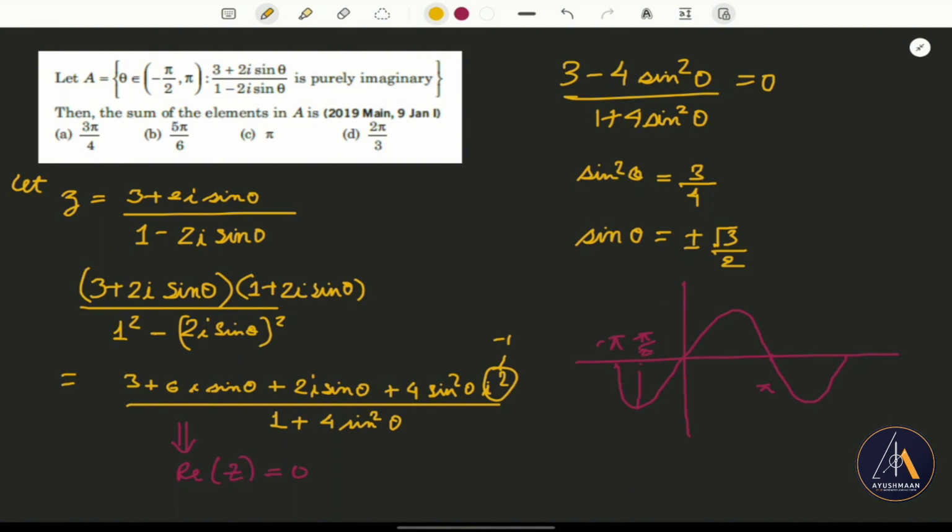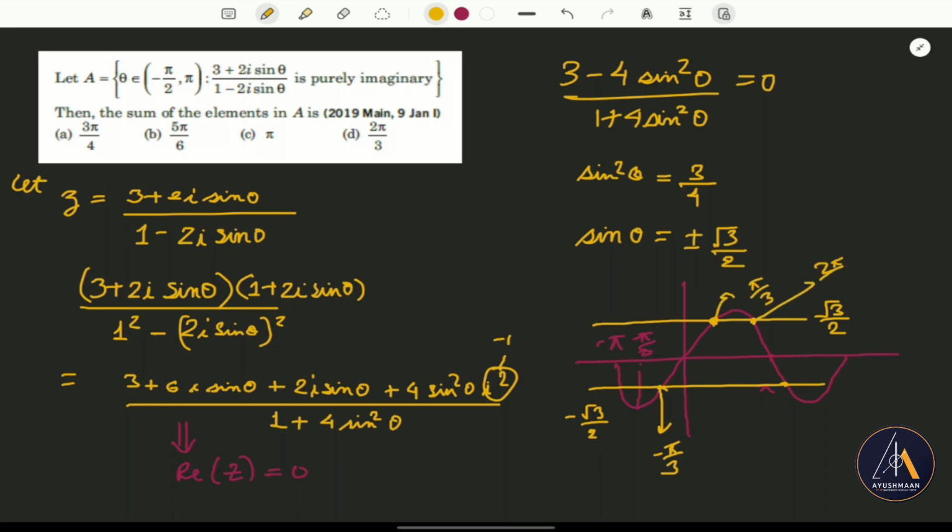So we need one point here is root 3 by 2, and below it is minus root 3 by 2. So we are getting 1, 2 and 3 solutions. So this one turns out to be minus pi by 3, this one is pi by 3, and this one is 2 pi by 3.